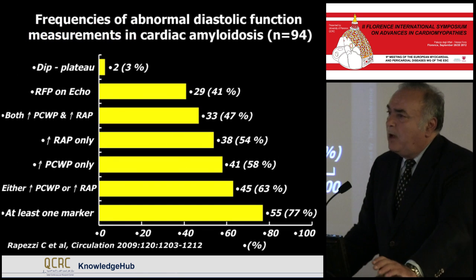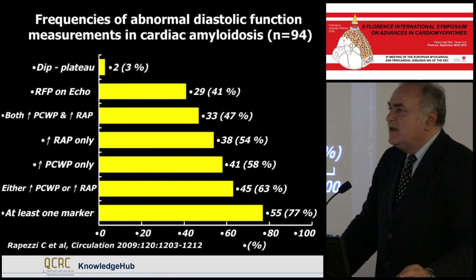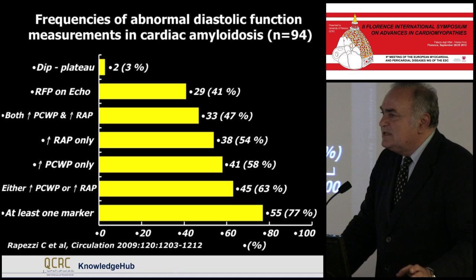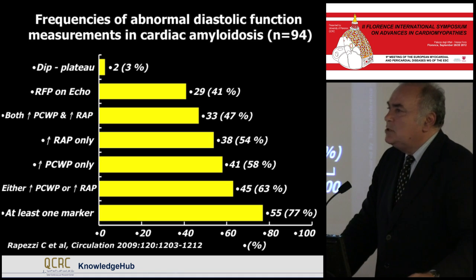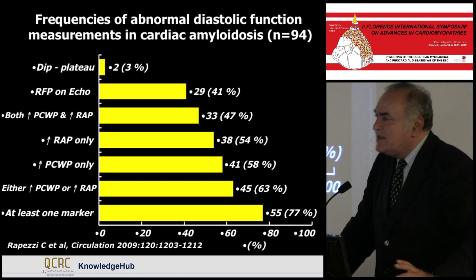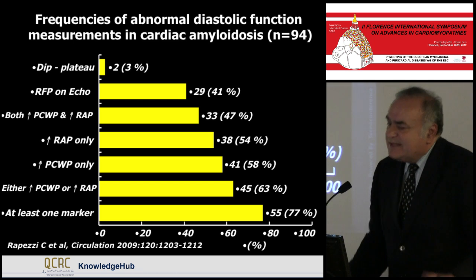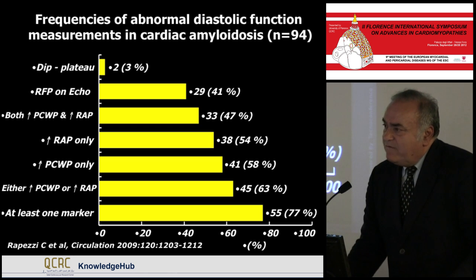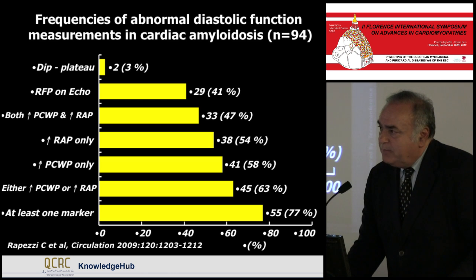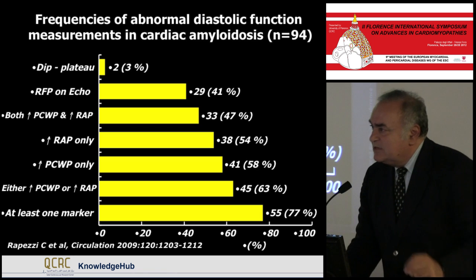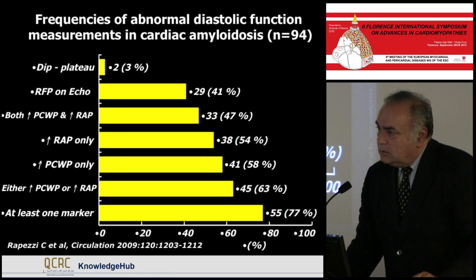If you consider the most typical restrictive cardiomyopathy, cardiac amyloidosis, and you want to measure how frequent the presence of a restrictive physiology is, these are the data, as you know. You have to consider a study of around 100 patients by means of hemodynamics and echo. Deep plateau, restrictive filling pattern on echo, both capillary and right atrial pressure increased, only right atrial pressure, only capillary pressure, either or at least one marker.